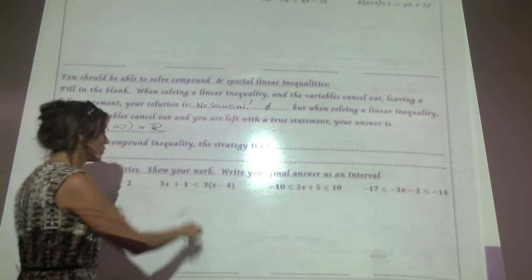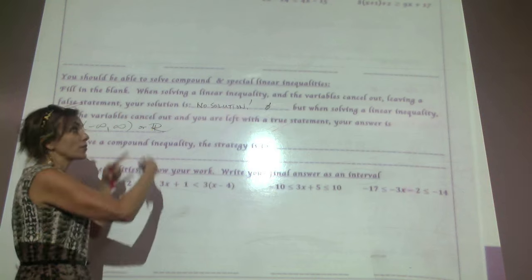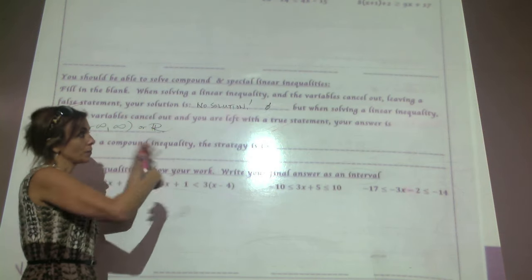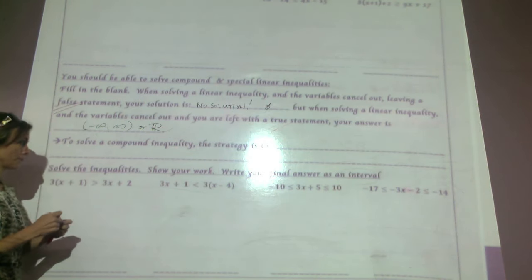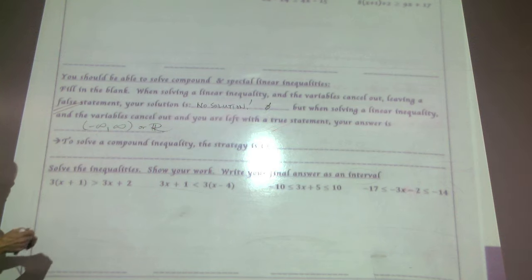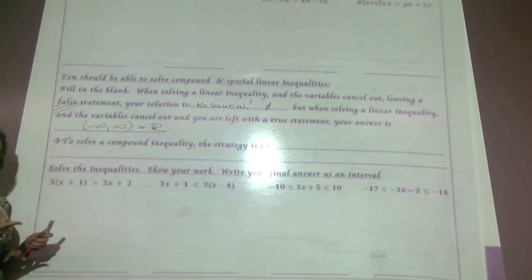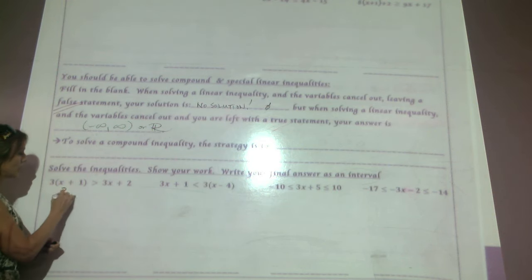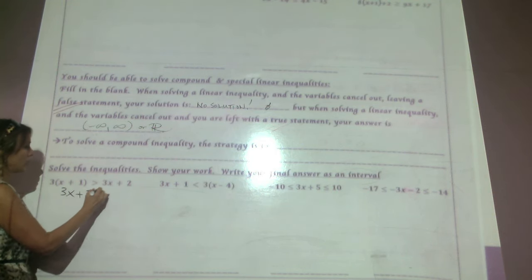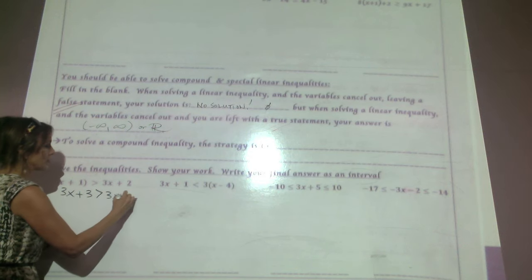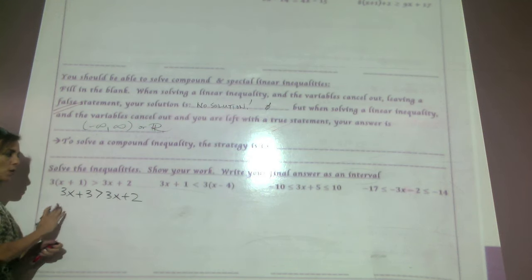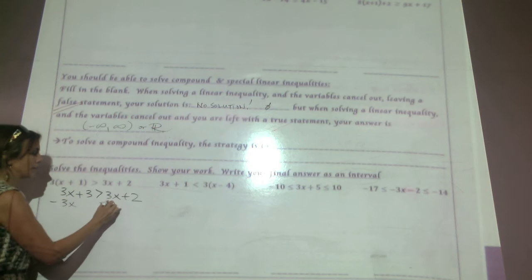Okay, so we're going to do these two examples, which are going to be examples like this. Then we'll come back to our compound inequalities. So let's take a look. 3 times x plus 1 is greater than 3x plus 2. Let's distribute. 3x plus 3 greater than 3x plus 2. All right, so go ahead and subtract your 3x from both sides.